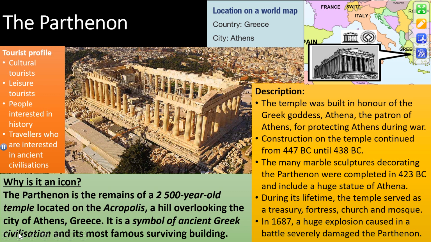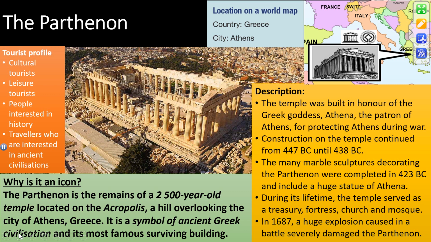The construction on the Parthenon was an ongoing process from 447 BC until 438 BC. So it took many years to construct. And if you look at the image given to you, you will see why. There are many marble sculptures decorating the Parthenon. These were only completed in 423 BC.